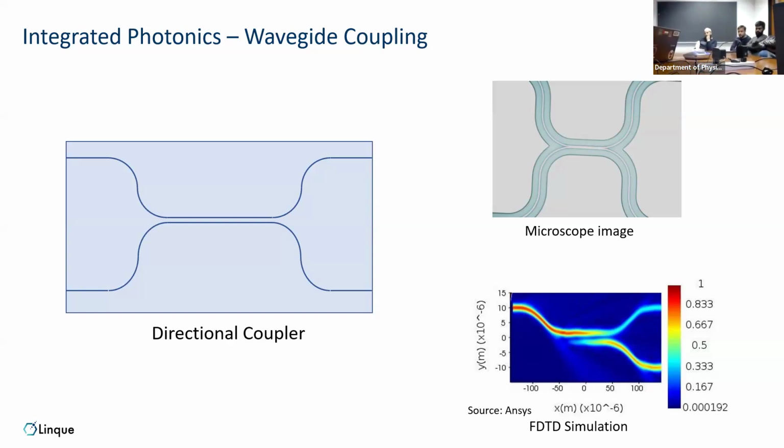Imagine light coming in from one side on the left, then you have a certain interaction length, and when the two waveguides diverge again, you will have a certain ratio of light in one or the other. It depends on the length, and it also depends strongly on the wavelength, right? So if you have a slight shift in, for example, the length, then you will get a completely different splitting ratio.